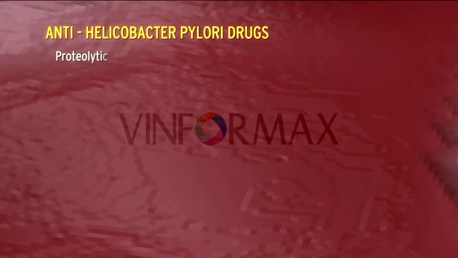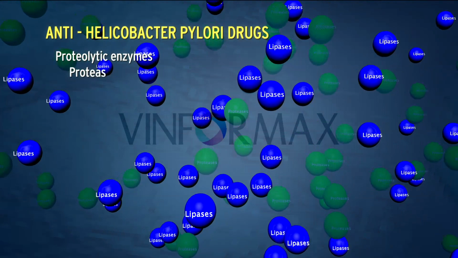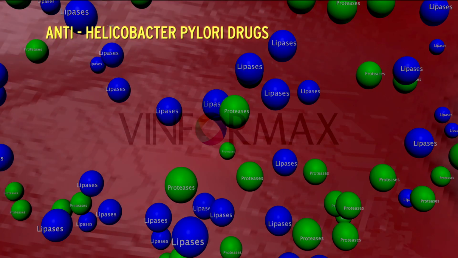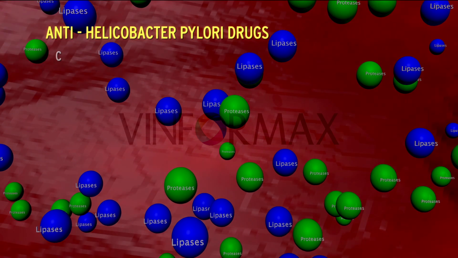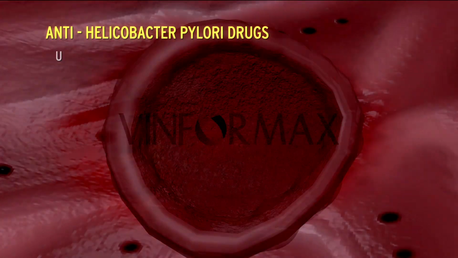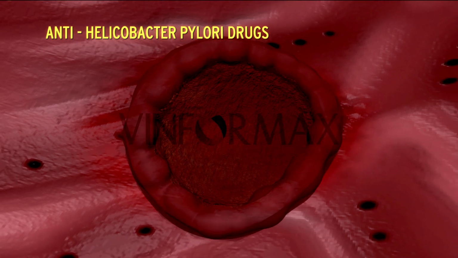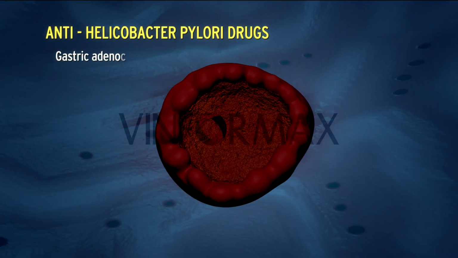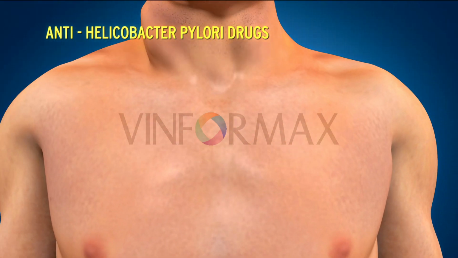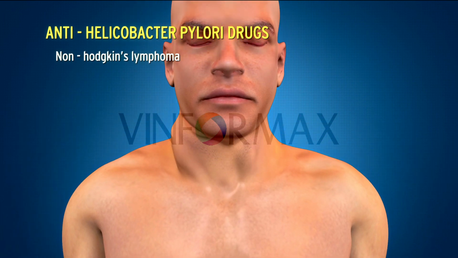They produce proteolytic enzymes such as proteases and lipases, which degrade the mucous layer, leading to chronic inflammation of gastric and antral mucosa, and ultimately ulcers. H. pylori is a risk factor for gastric adenocarcinoma and non-Hodgkin's lymphoma.